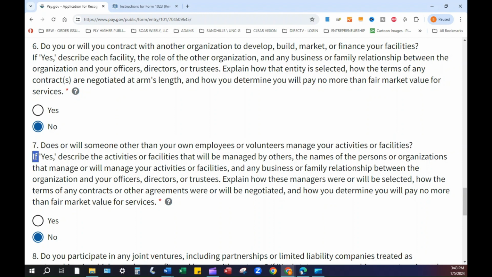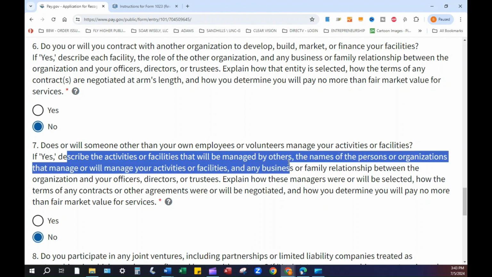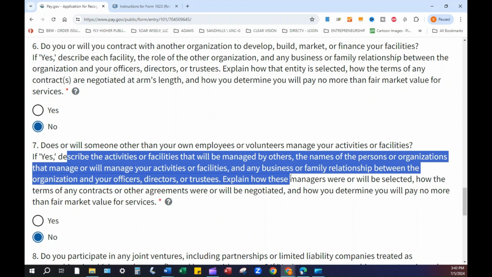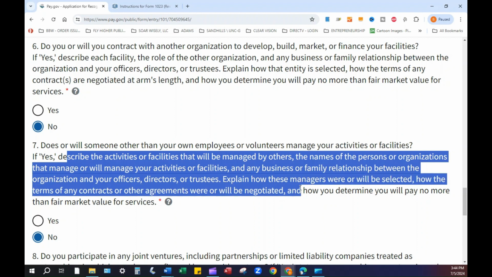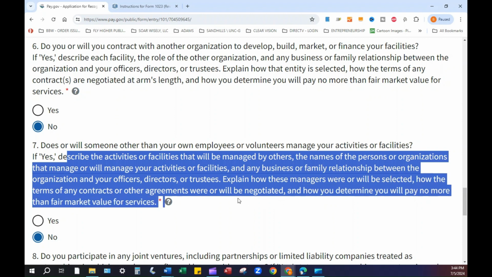If yes, describe the activities or facilities that will be managed by others, the names of the persons or organizations that manage or will manage your activities or facilities, and any business or family relationship between the organization and your officers, directors, or trustees. Explain how these managers were or will be selected, how the terms of any contracts or other agreements were or will be negotiated, and how you determine you will pay no more than fair market value for services.